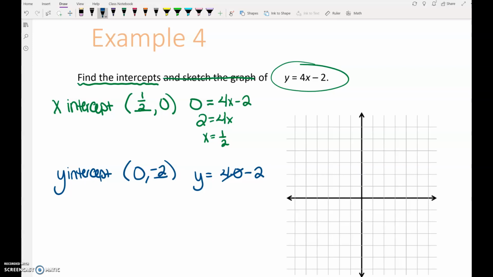So on your assignment, if you write x-intercept (1/2, 0), y-intercept (0, -2), that's all you need to do. We don't have to graph this on our assignment. When the equation is written in slope-intercept form, honestly, finding your intercepts is kind of dumb because you have your y-intercept and you know your slope.